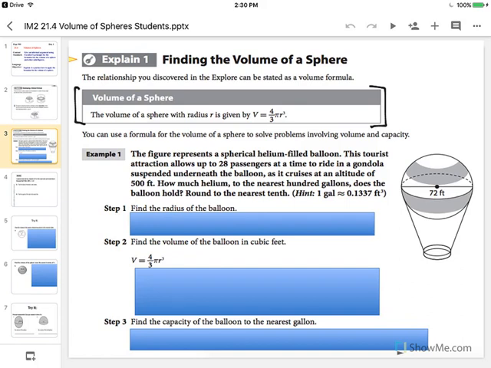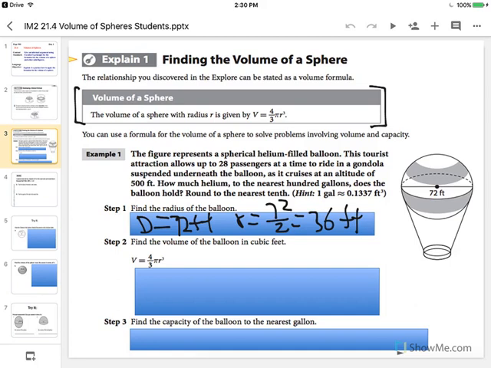Round to the nearest 10. Here we're given that 1 gallon is approximately 0.1337 cubic feet. First, step 1, find the radius of the balloon. We're given that the diameter is 72 feet, so the radius is half of that, which gives us 36 feet.